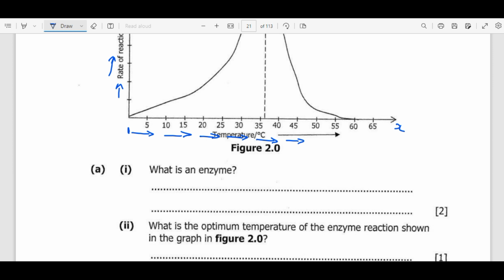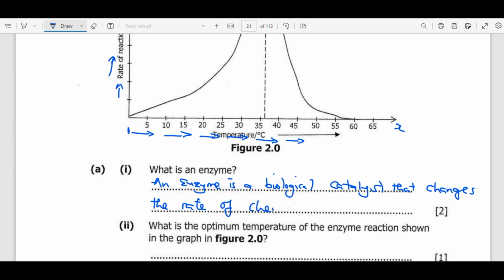So we are saying that an enzyme is a biological catalyst that changes the rate of chemical reaction.